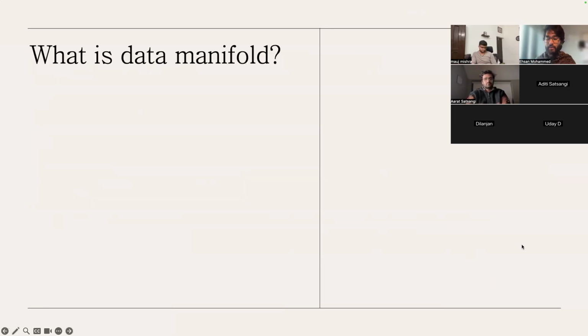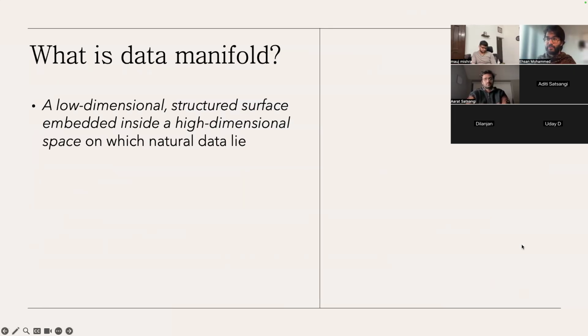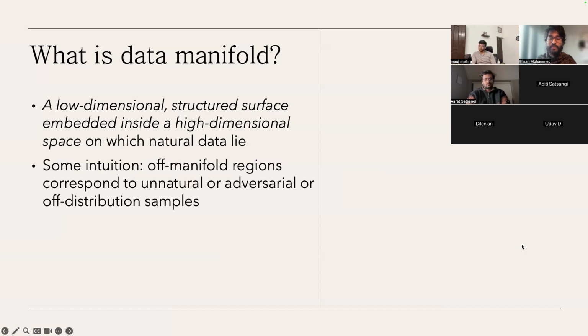Now coming to data manifold, because that's a central concept to this paper. We know what a data manifold looks like, right? It's a low dimensional structured surface which is embedded in a very high dimensional space where the natural data lies. So if you have an image of 224 cross 224, then your dimension is whatever is the product of those two values, right?